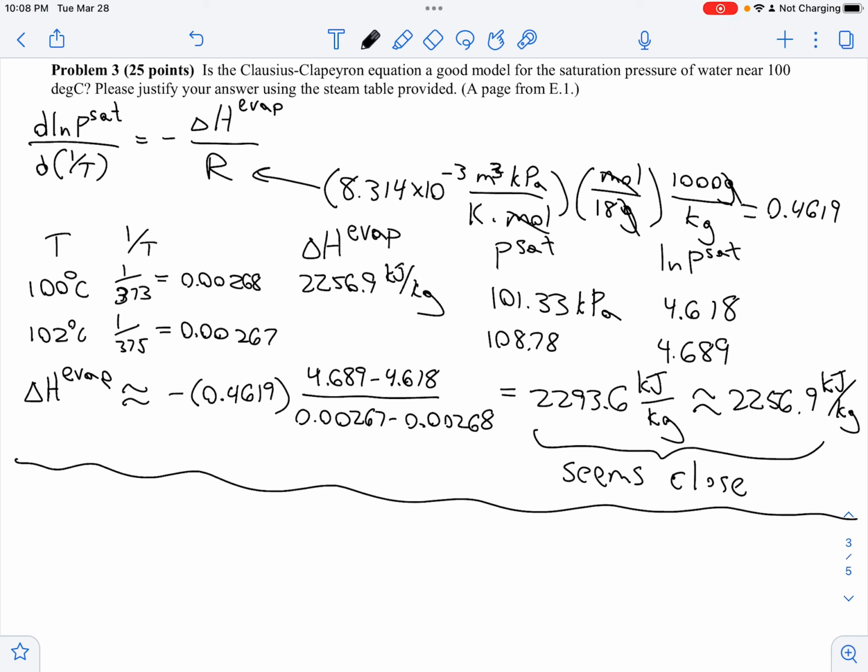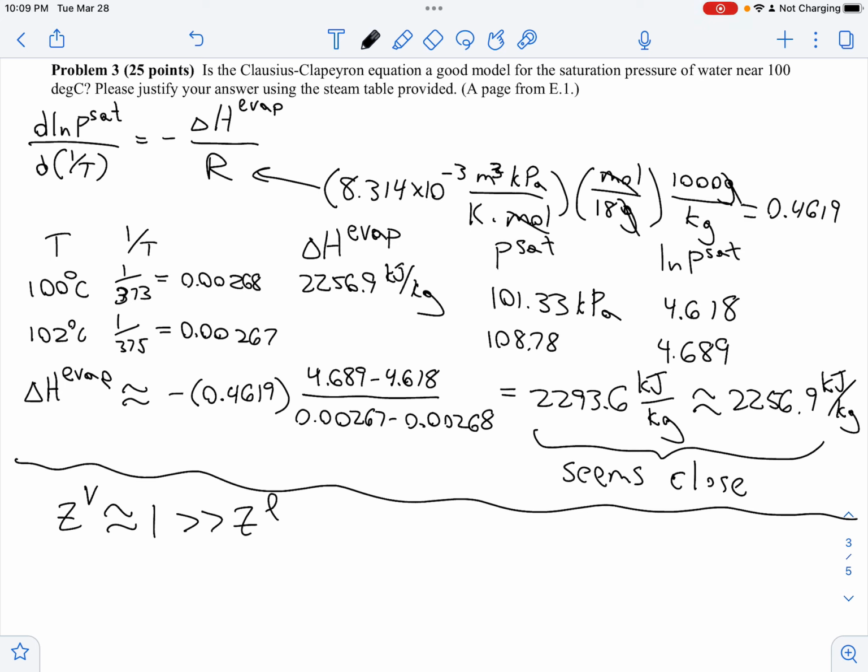So if the assumption is true, then the equation should be accurate. And the assumption behind Clausius-Clapeyron is that Z of the vapor, the compressibility of the vapor, is approximately equal to 1. In other words, it's an ideal gas. And that it's much greater than the Z of the liquid. And remember that Z is PV over RT, and we're comparing things at a given temperature and pressure.